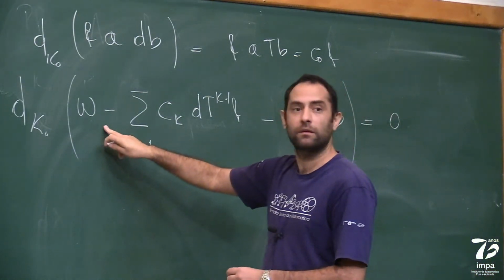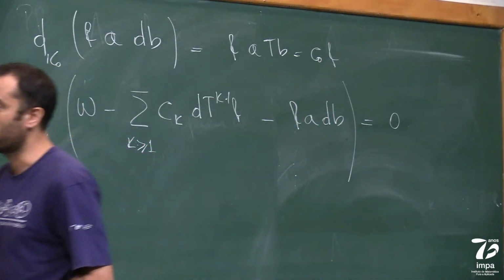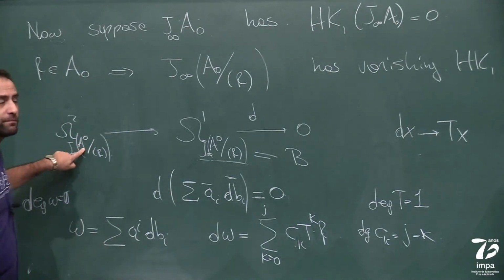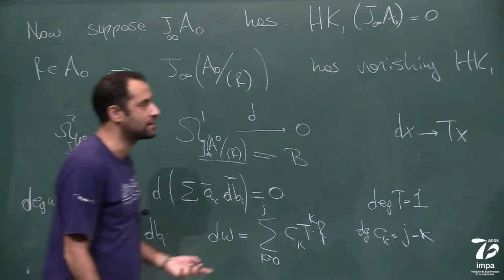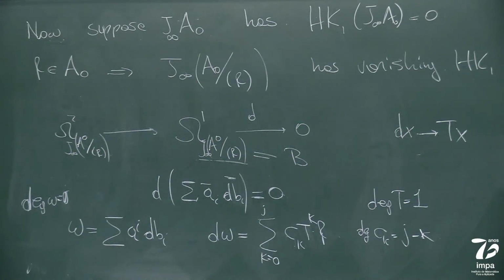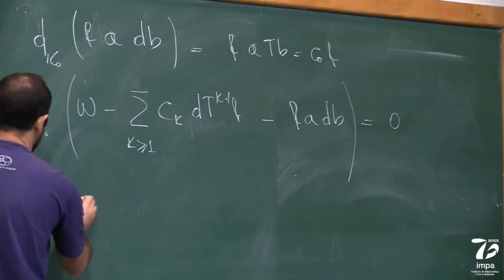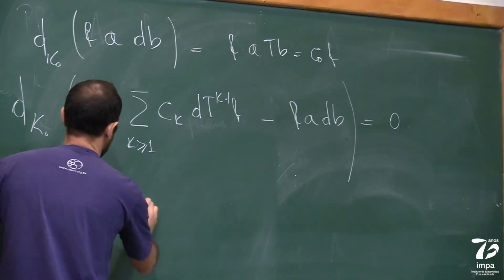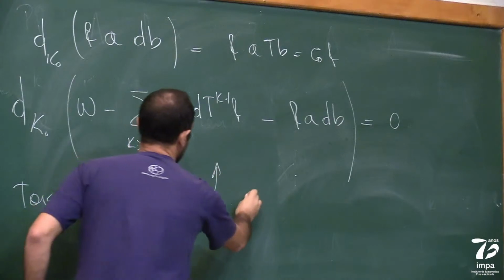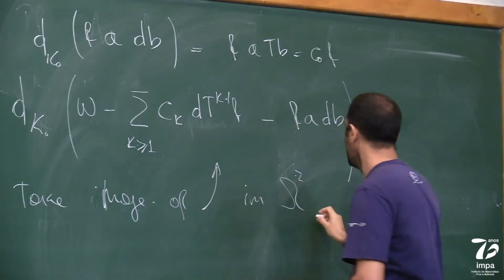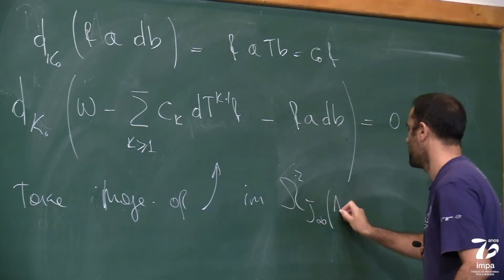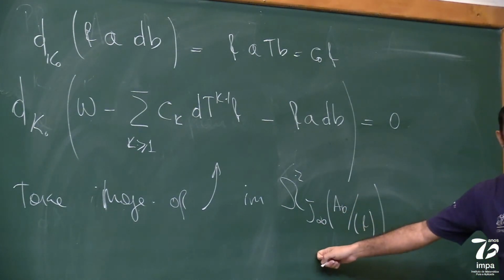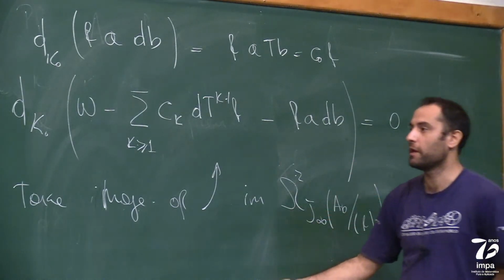But now this is a 2 form in the arc algebra of A naught, and you can just take the image of that guy in omega 2 of the arc algebra of A naught divided by f. And the differential of that guy is going to be your omega that you want.